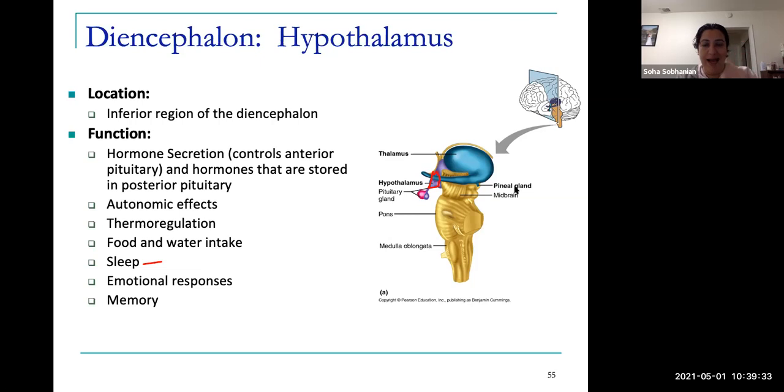But I do need to add, and I'm just going to introduce it here, that the hypothalamus controls the release of the hormone melatonin from your epithalamus and therefore controls the sleep/wake cycle.